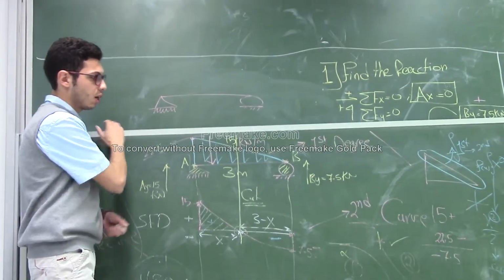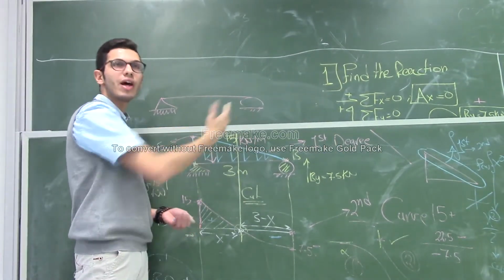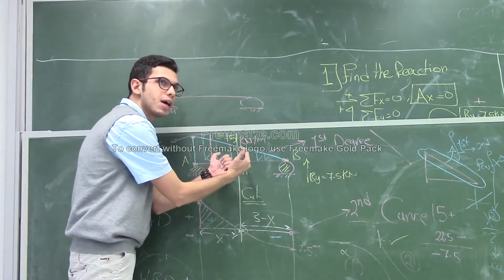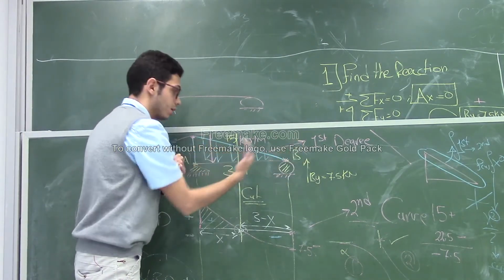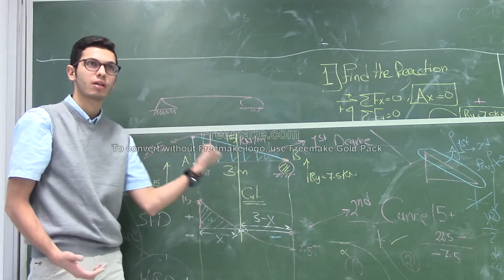We make this cut, right? That means this beam is cut into two parts, the right side part and the left side part.